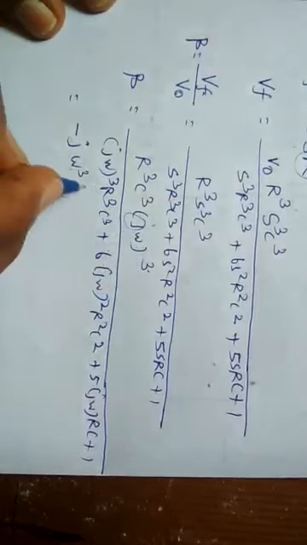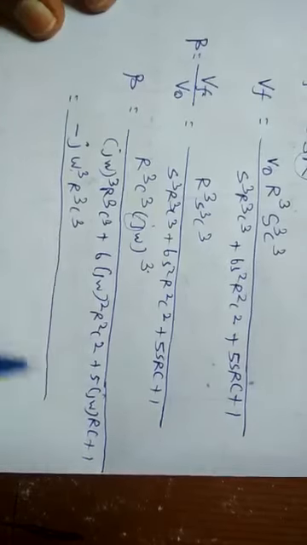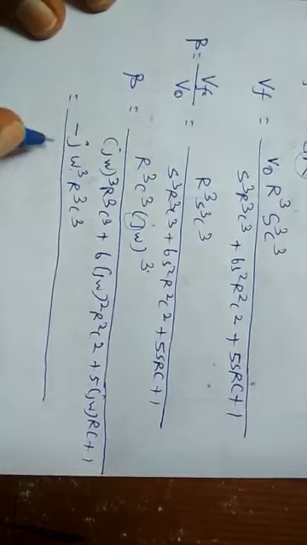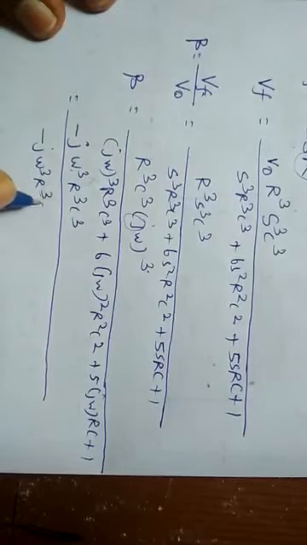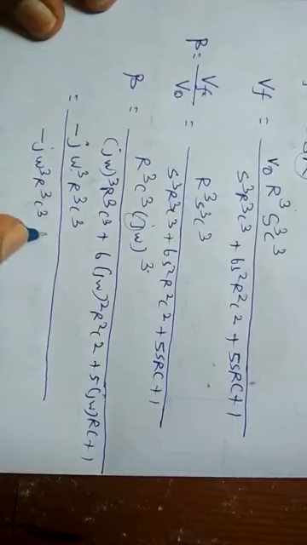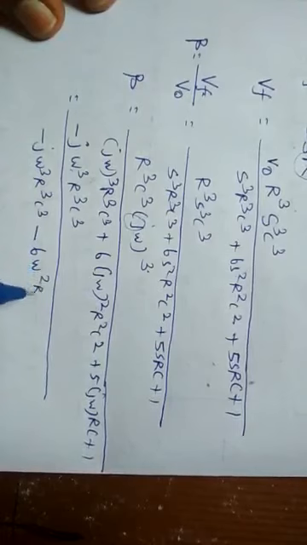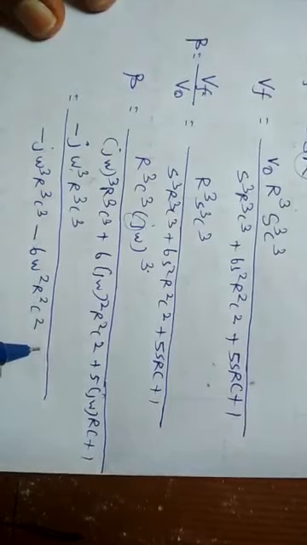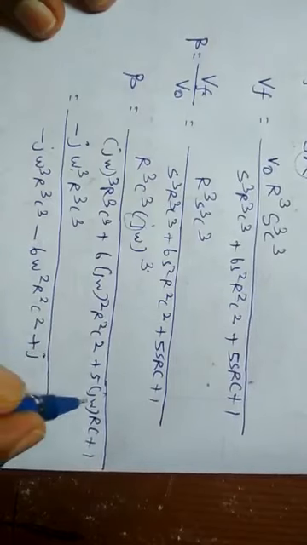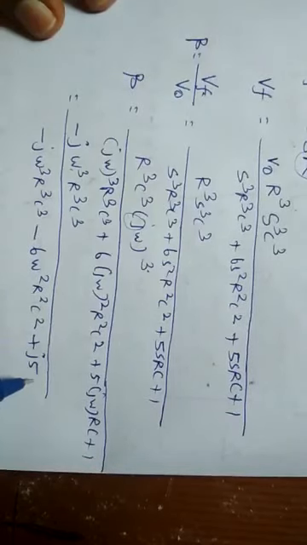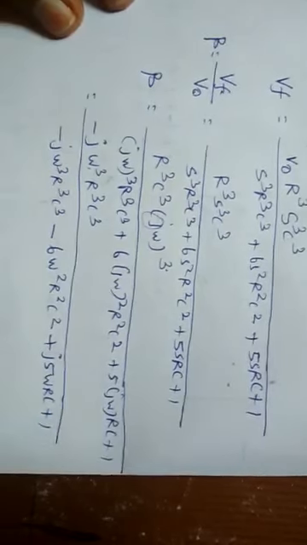For j cube it is minus j, so for omega cube R cube C cube divided by, here also minus j omega cube R cube C cube, minus 6, j squared is minus 1, so omega squared R squared C squared, plus j into 5 omega RC plus 1.